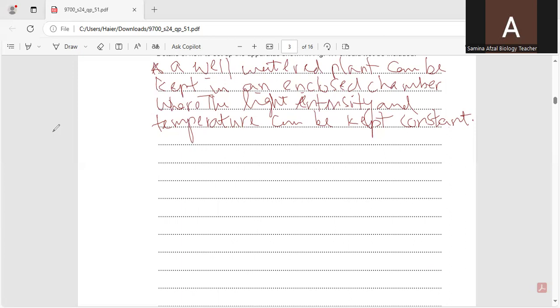Then we will start with the lowest wind speed.